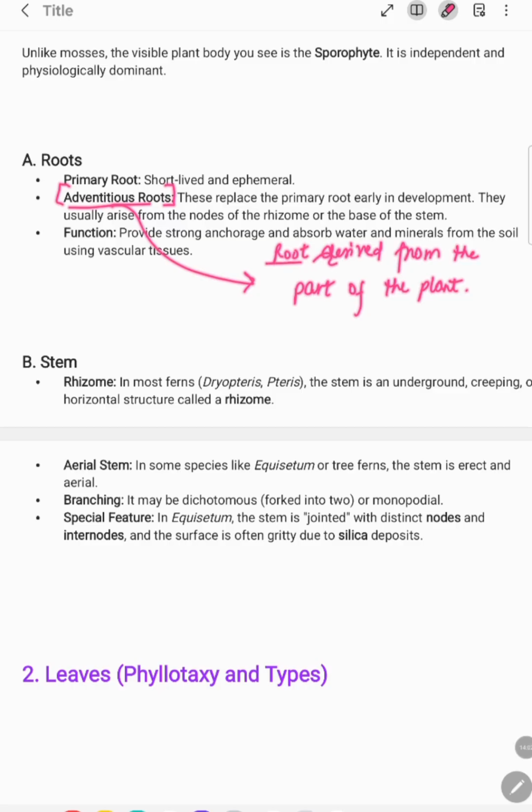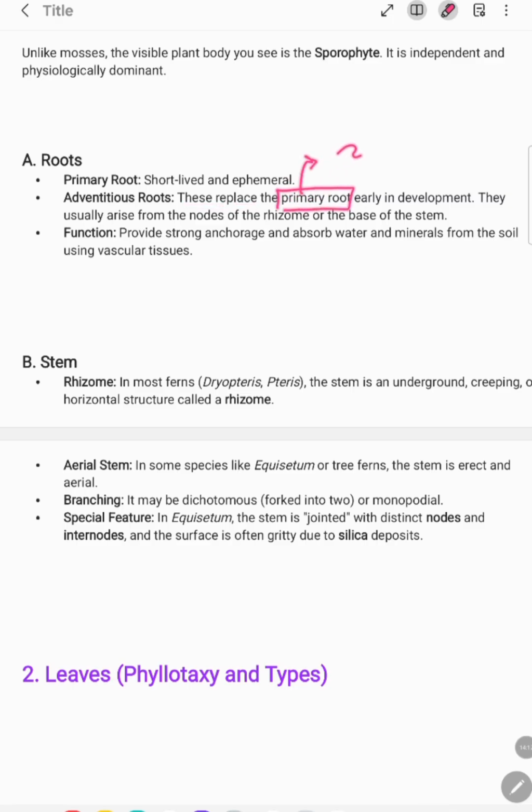Any roots that have been derived from a part of the plant are adventitious roots. These replace the primary root. As we have discussed, the primary roots are ephemeral, short-lived. So these adventitious roots replace the primary root early in development.